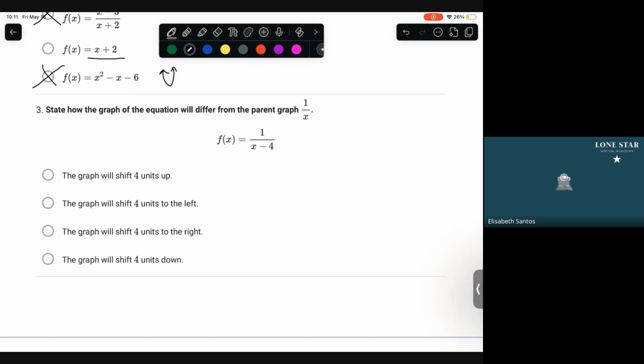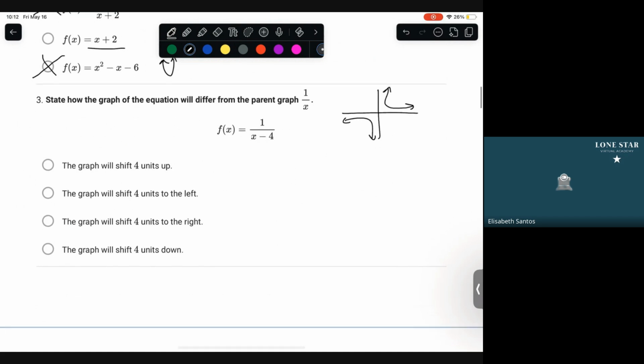Okay, so state how the graph of the equation will differ from the parent graph, 1 over x. So 1 over x is our rational graph, and the way that it looks is like this. And they're asking how would it differ?